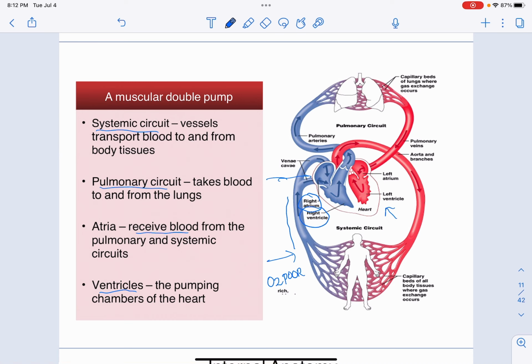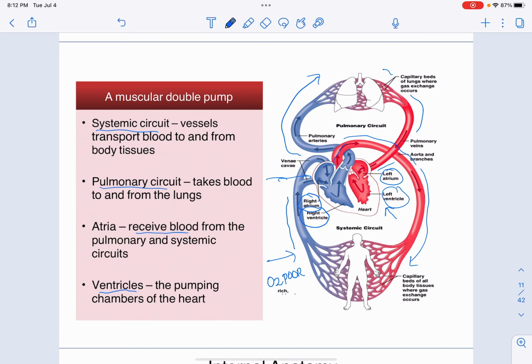From there, it is going to make its way back to the lungs because that is where we get our oxygen. We get oxygen from breathing, and so that blood is going to make its way to the lungs. It's going to get oxygenated. So oxygen-rich blood will leave the lungs. It will come back to the heart on the left side. It will enter the left atrium, the left ventricle, and then it will be pumped throughout the rest of our body.